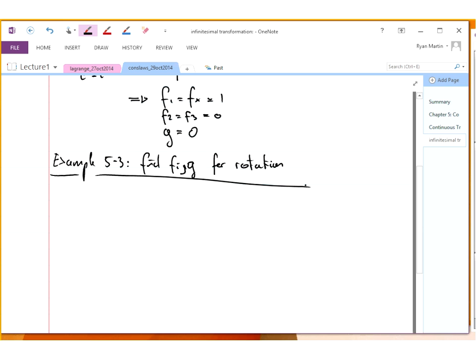So if we have a rotation, let's say it's a two-dimensional system where we rotate about the z-axis so that z is unchanged. All right. So let's say we rotate a coordinate system.